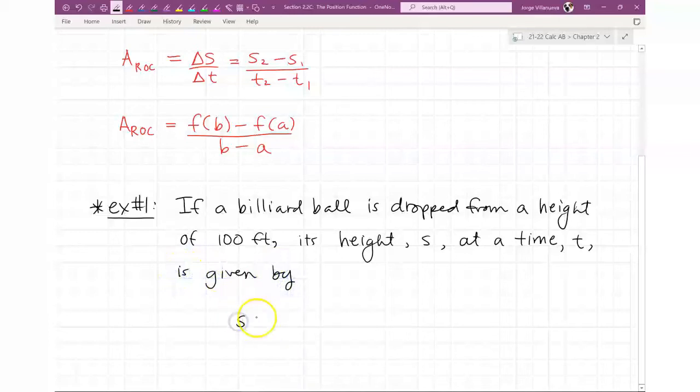So s of t equal to negative 16t squared plus 100.